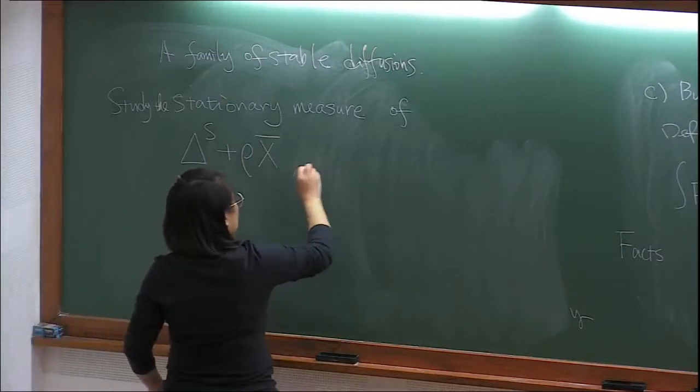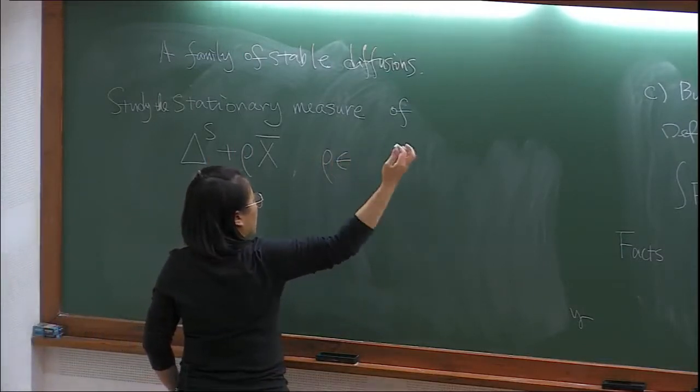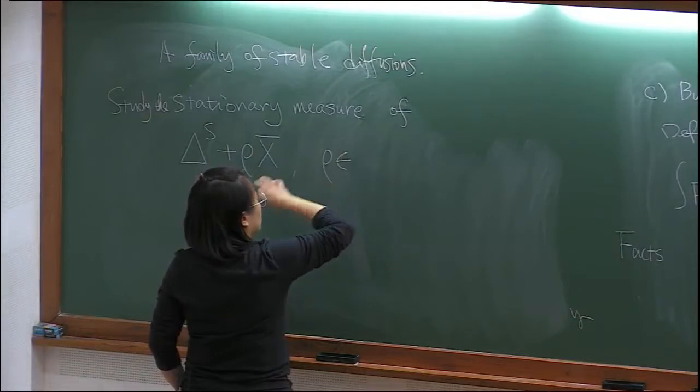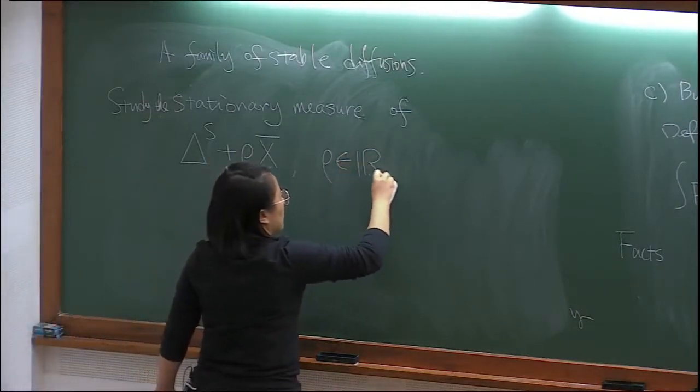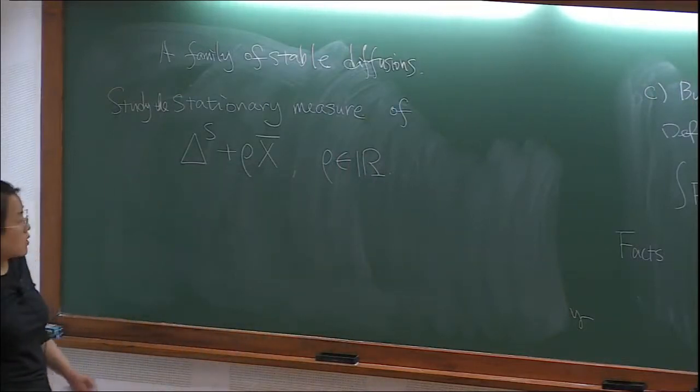We start from the BM measure and study a more general case. This rho can belong to any point in this arm.